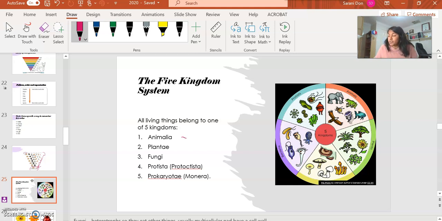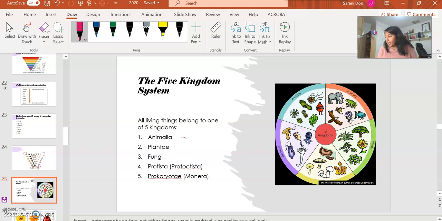Protista. This group of organisms are quite diverse and they have similarities to animals, plants, and fungi as well. However, some of them are autotrophs, which means that they don't need to consume other organisms to get energy.